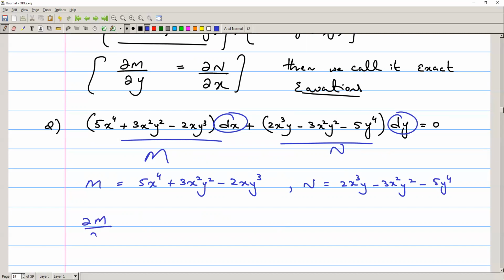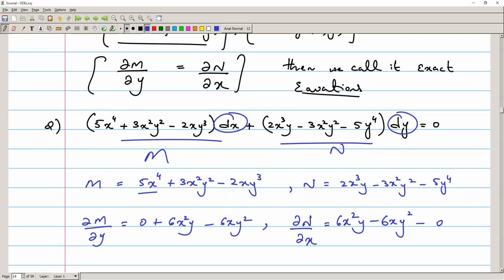So differentiate M partially with respect to y. The first term will be 0 because it's a function of x only, plus 6x squared y minus 6xy squared. And for N with respect to x, we have 6x squared y minus 6xy squared minus 0.